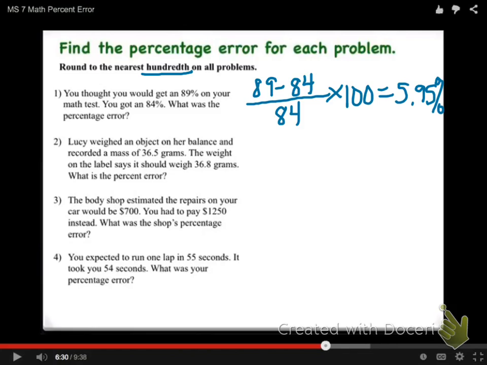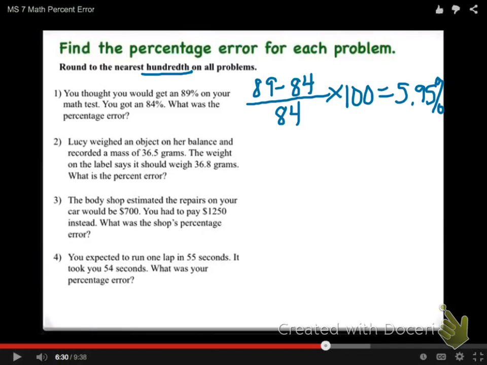So we have our experimental, or our estimated, or what she found in the experiment by actually doing the weighing, and this is where error could come in, because there could be an inconsistency in the balance. Maybe it's not quite working properly, so the weight is off. Maybe the amount she got out of the jar, some of it spilled on the way to the container she was using on the balance to measure it.